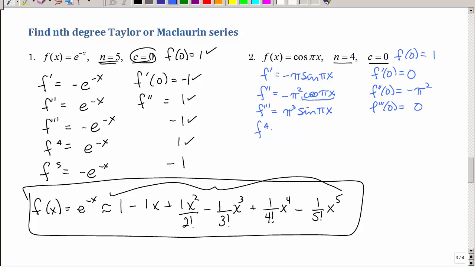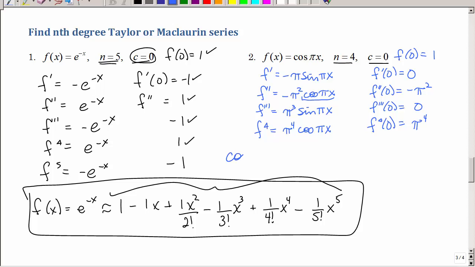So that's going to be 0. And then here, the derivative of sine is cosine, so we're going to have pi to the 4th cosine of pi x. And evaluated, that's going to be pi to the 4th power.